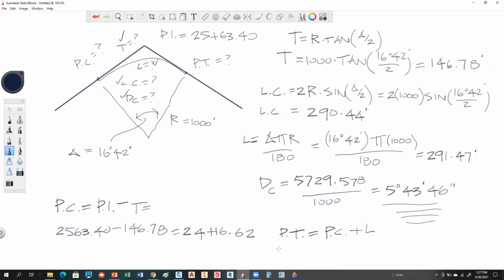So what we're going to do now is say that's going to be equal to 24 plus 16.62, and we're going to add to that L, the length of arc, not the long chord, 291.47. And let's see what we come up with.